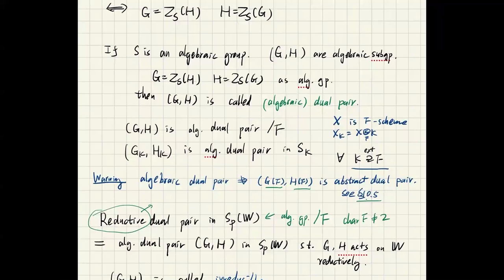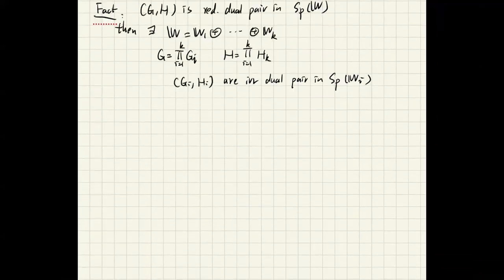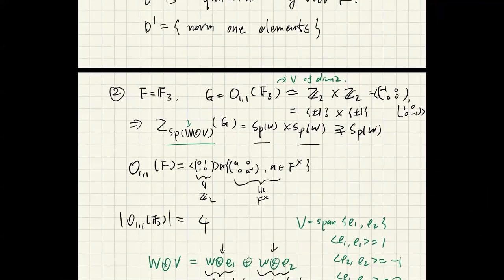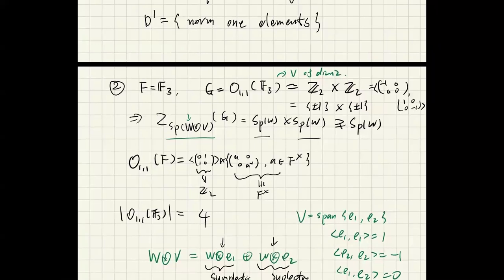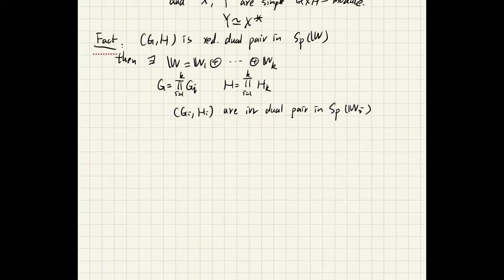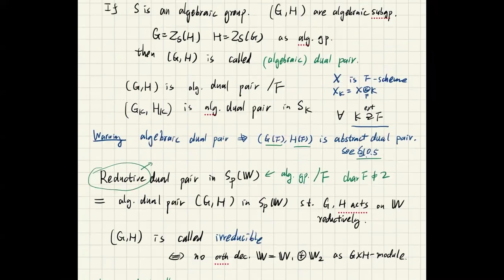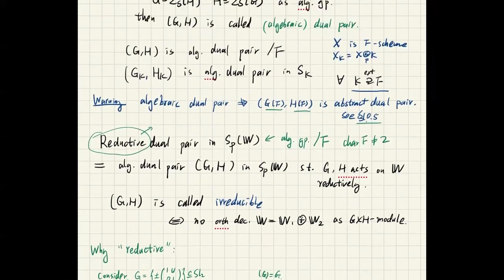This problem will be resolved if the field F is not F3 but F9, then it should be fine. It becomes an abstract dual pair already. In this case, it's just because O11 F3 is too small, so its centralizer is larger than the expected centralizer.